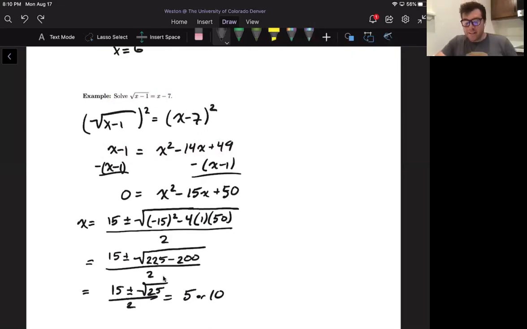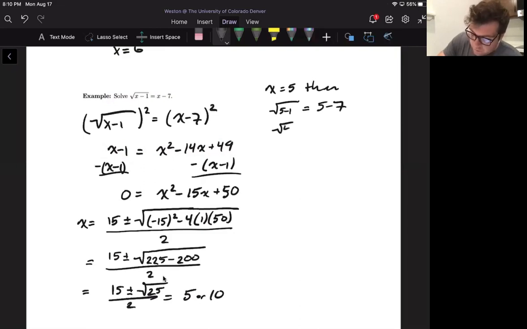So if we say x equals 5, then we'll have the square root of 5 minus 1 equals 5 minus 7.